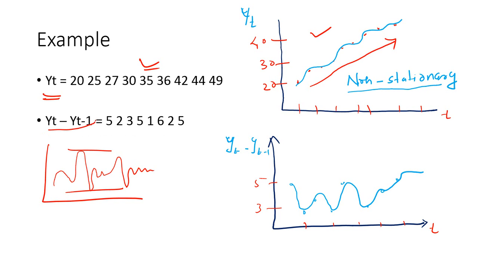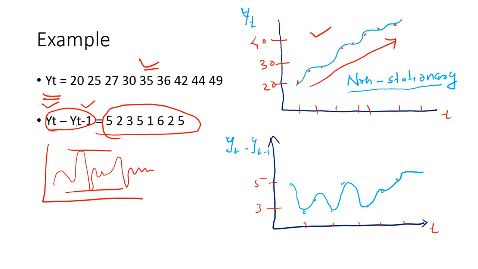We take the first difference. The first difference is nothing but Y_t minus Y_t minus 1. Y_t is the current series and its own lag is Y_t minus 1. When you take the difference of that, you get some numbers, and if you plot these numbers, we'll get a series which looks more like a stationary series. We'll learn later in this tutorial that it's not always the first difference that's required.